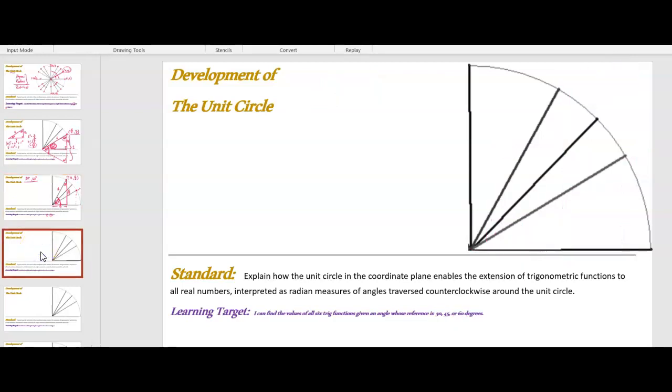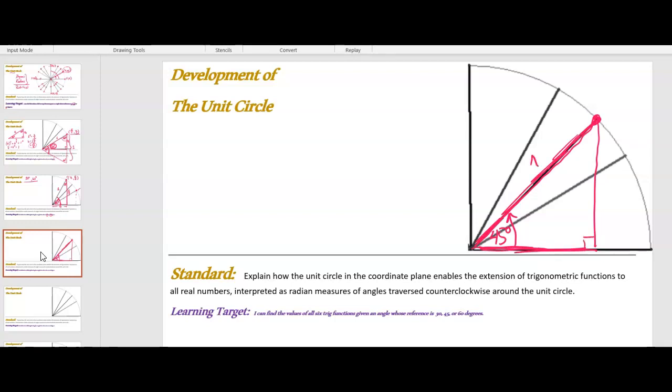Now, that takes us to the angle that's in the middle. That angle is meant to be 45 degrees. Okay, so we have 30 degrees, 45 degrees, 60 degrees. So right now we are only focusing on 45 degrees. So here's my right triangle.